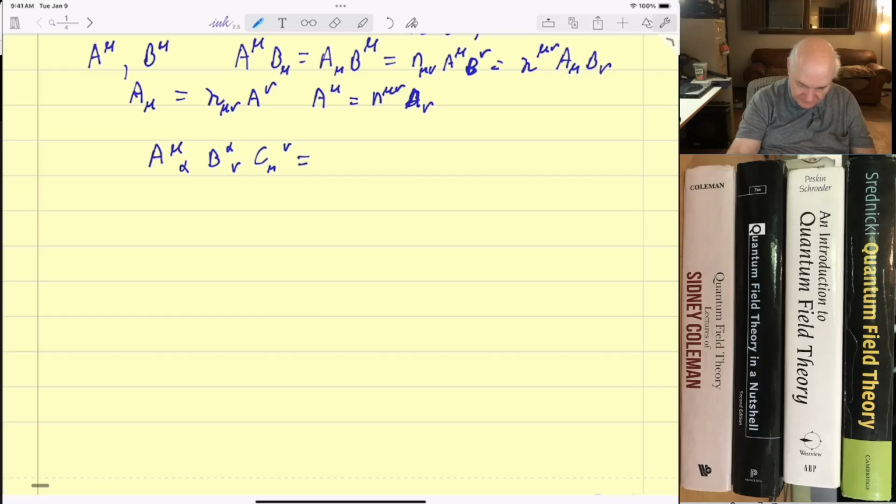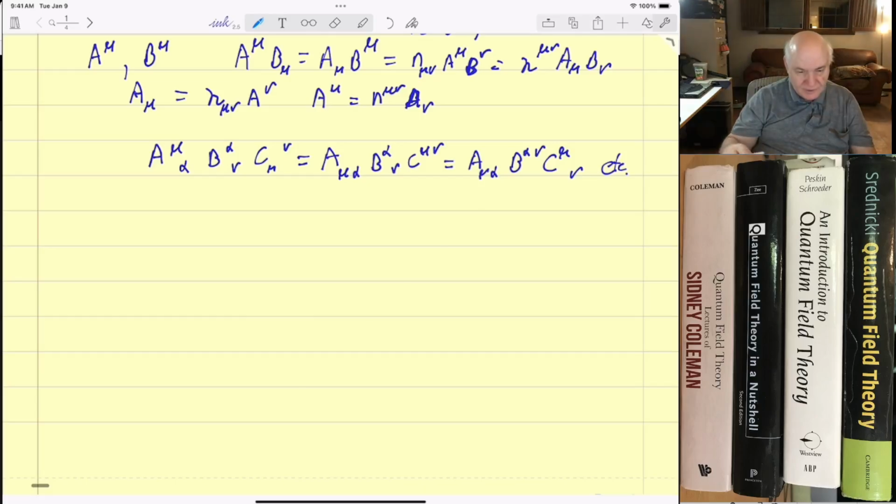So this is equal to, you can lower the μ if you want, and raise the other one. You can always lower one and raise another of the same index.